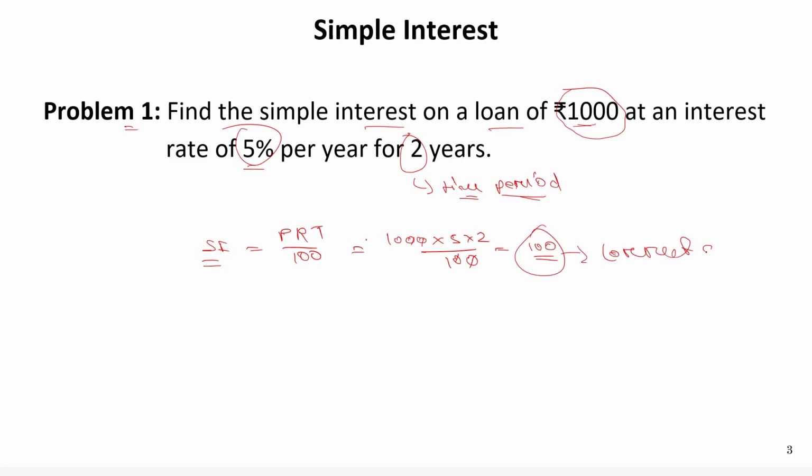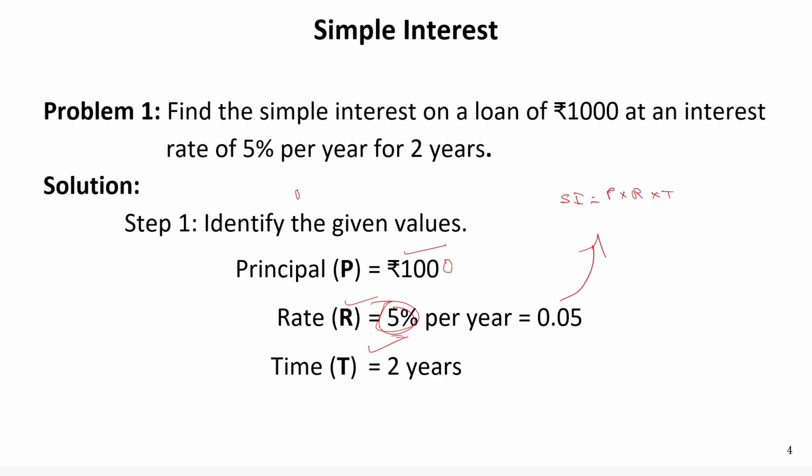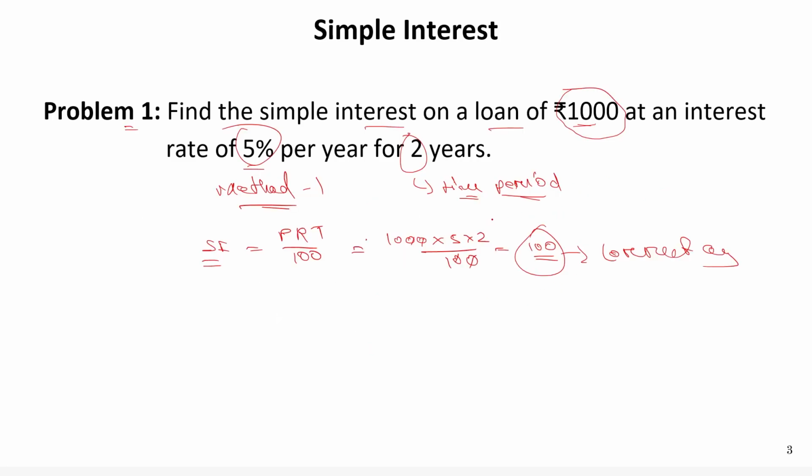This is via method 1, and the second method is converting the rate to decimal and then using this formula. So the two formulas are something like this.